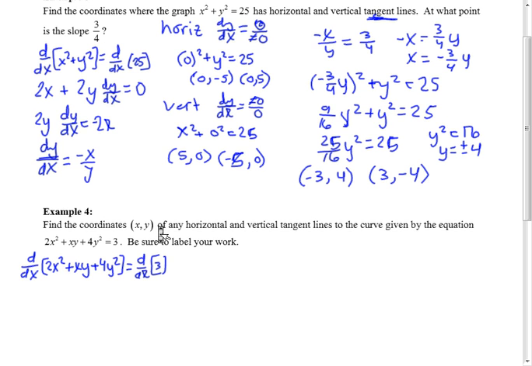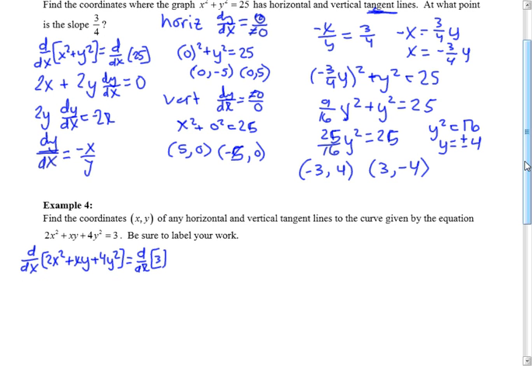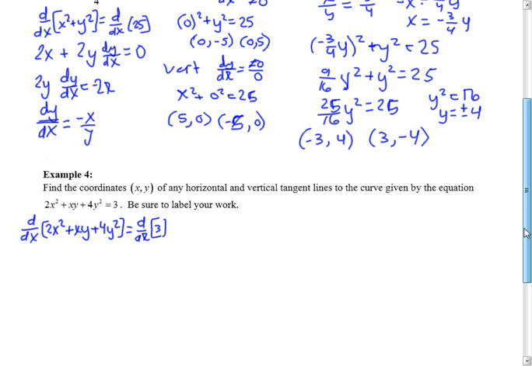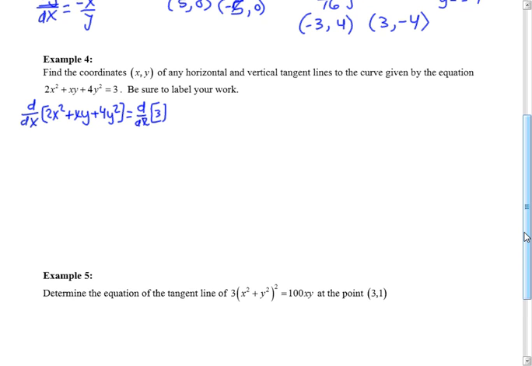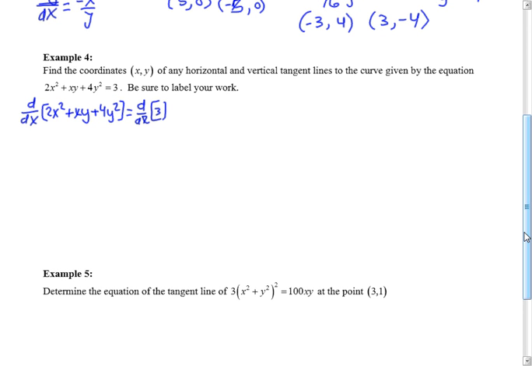Okay, example 4. We're looking for the same kinds of things, horizontal tangent or vertical tangent lines. So we're talking derivative, so we just have to practice our implicit differentiation. So we get 4x plus, here we're going to have to use the product rule: the first times the derivative of the second, which is dy/dx, plus the second times the derivative of the first.